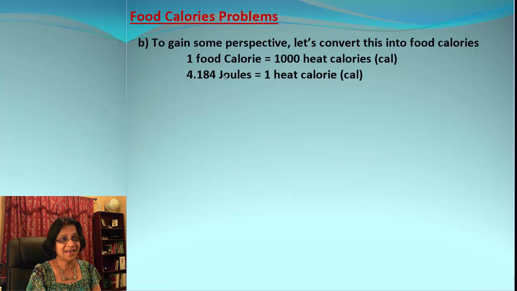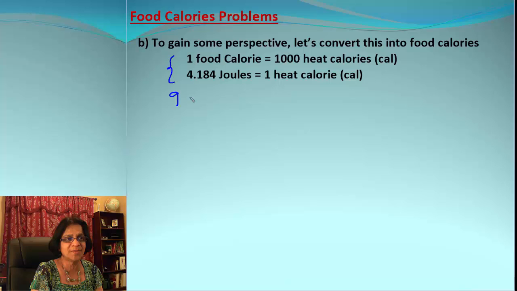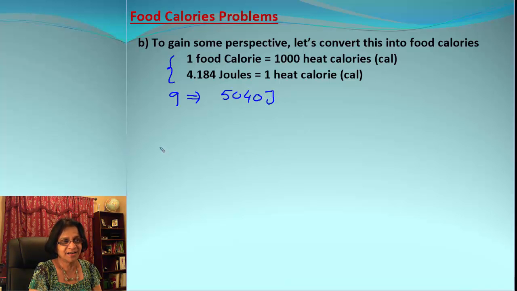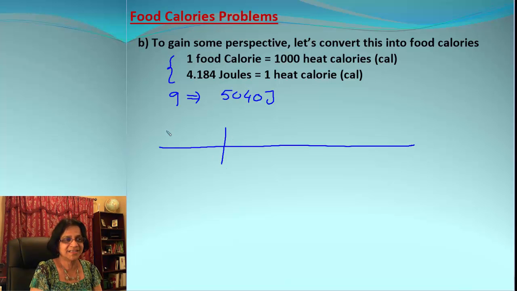But before that, look at these two conversion equations. We are going to use those. And from the previous problem, we know the amount of heat was 5040 joules. We are going to use that. Let's do some dimensional analysis. That's our beginning value.